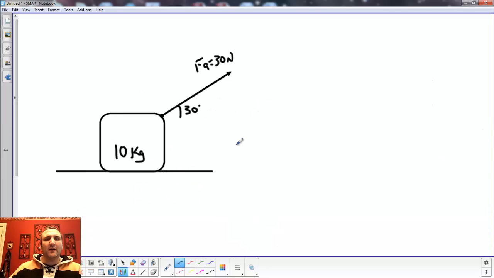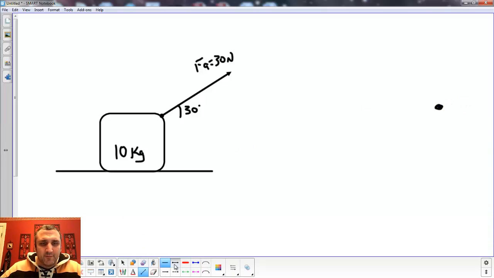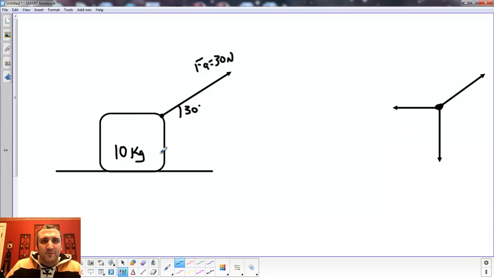So, now we're on to this one, and this one's actually not terrible. I'm allowing there to be friction, so let's give us a dot, and let's get some arrows going on here. We've got an applied force going up, we've got gravity going down, and I guess we're going to have friction going backwards, because there only seems to be one arrow, and we know friction goes backwards.